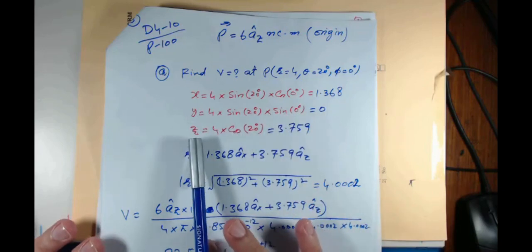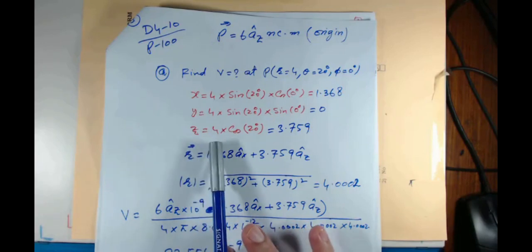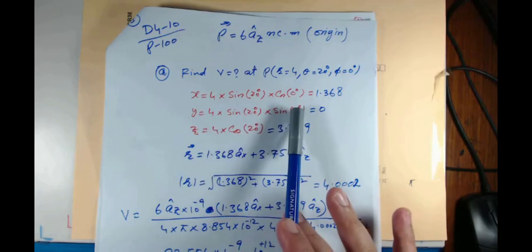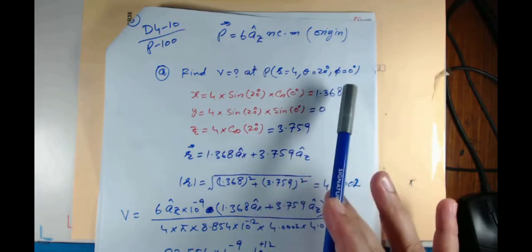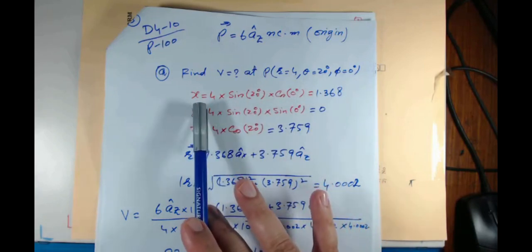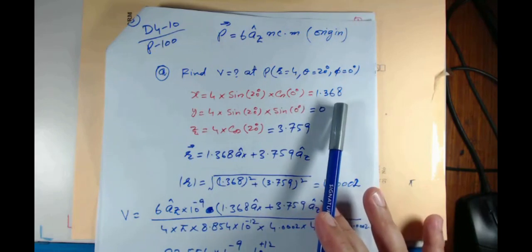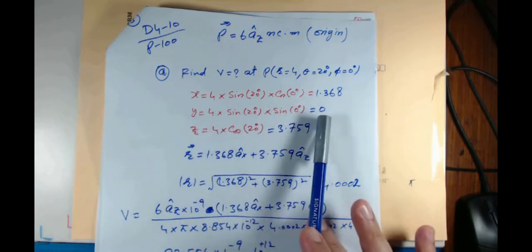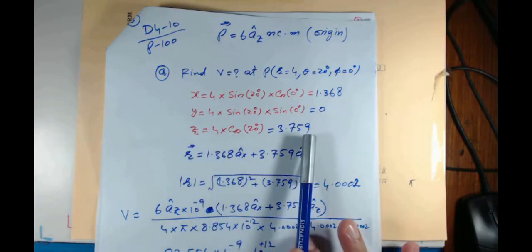z coordinate we use z equal to r times cosine theta. So plug in r equal to 4, theta equal to 20, and phi equal to 0 in these relations, and we can easily find the values: x equal to 1.368, y equal to 0, and z equal to 3.759.